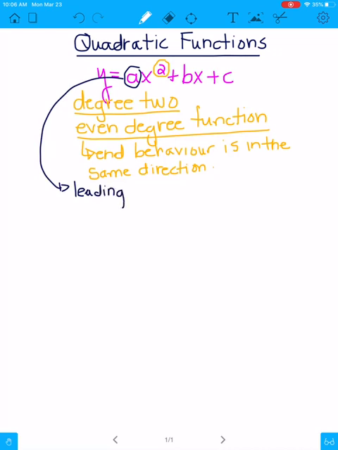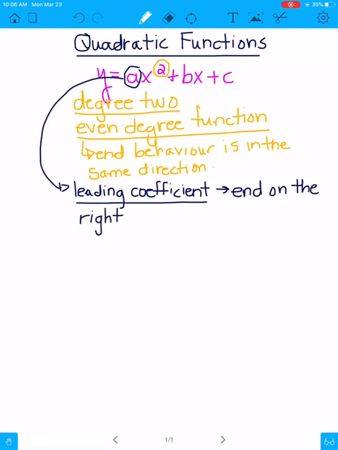Our leading coefficient tells us still how we end on the right. The only difference is that we're also going to end up on the left as well. So we end up on the right, but because it's an even degree, we're going to end up on the left as well.